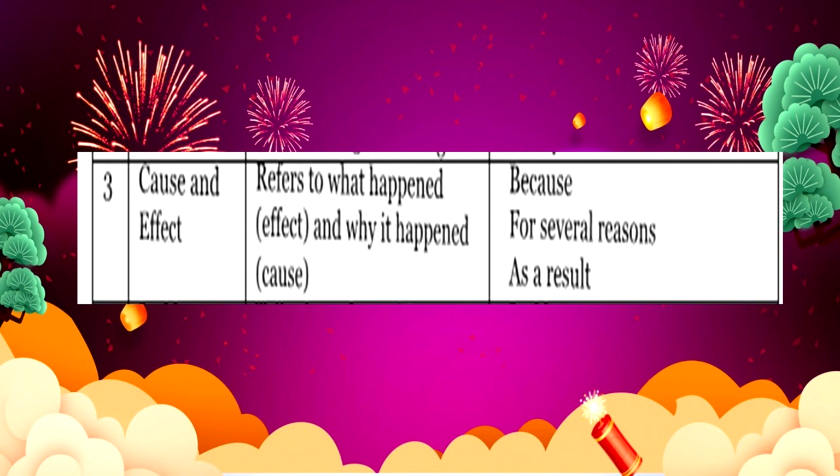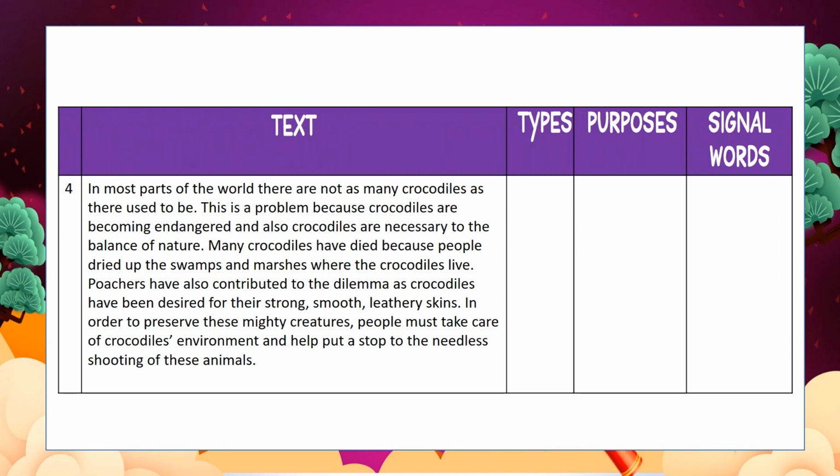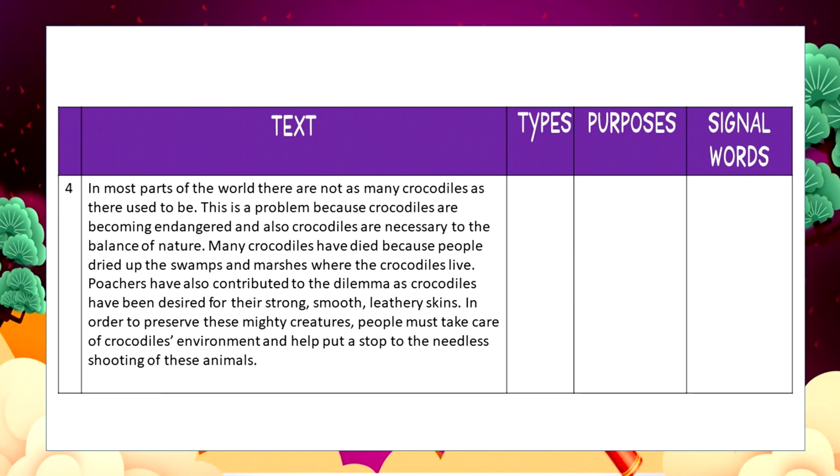Okay, so let's go to number 4. In most parts of the world, there are not as many crocodiles as there used to be. This is a problem because crocodiles are becoming endangered, and also crocodiles are necessary to the balance of nature. Many crocodiles have died because people dried up the swamps and marshes where the crocodiles live.